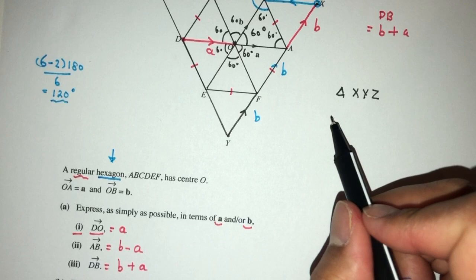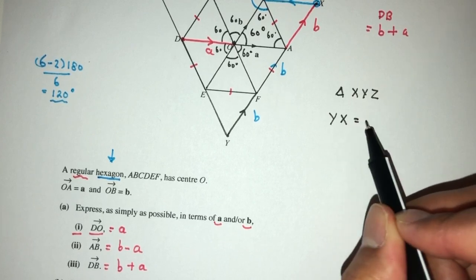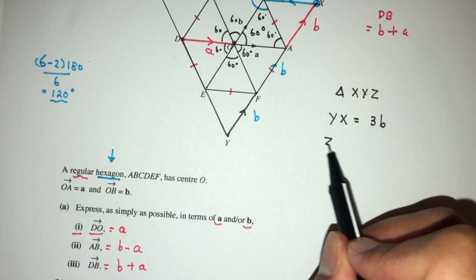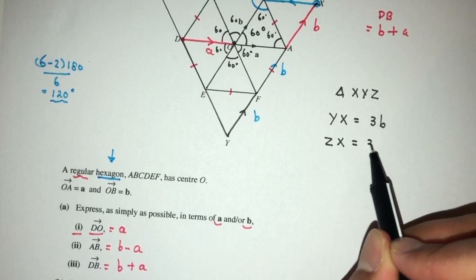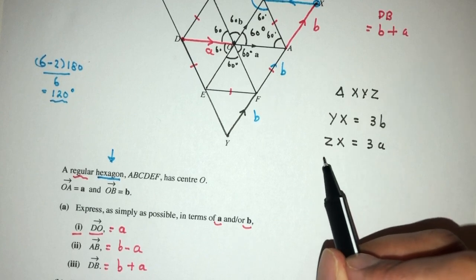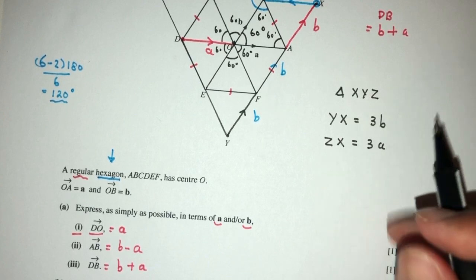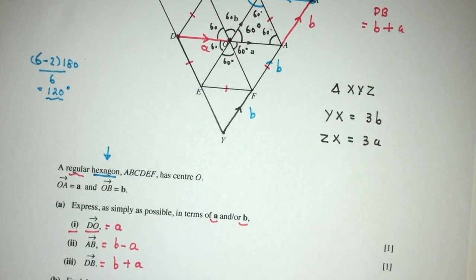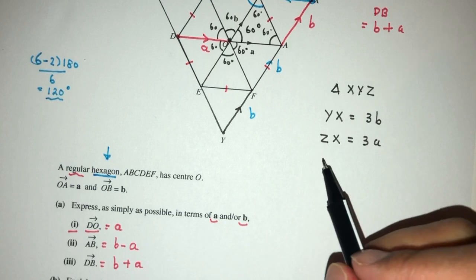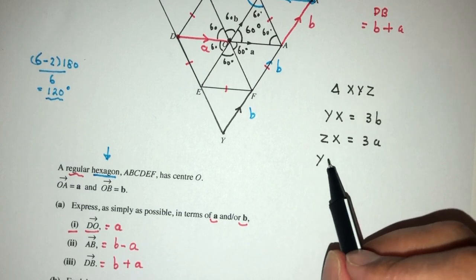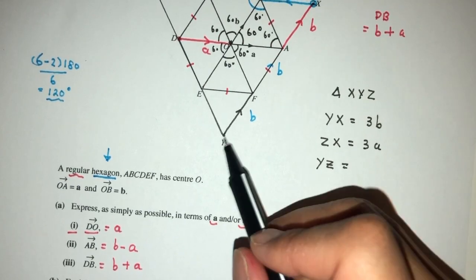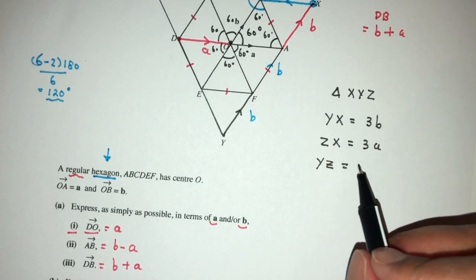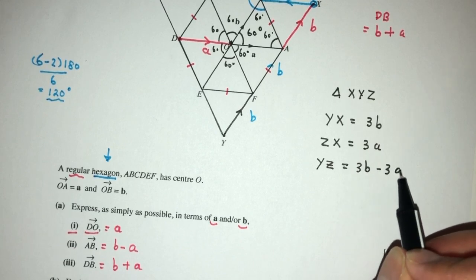The side YX is given to you by 3B. The side ZX is given to you by 3A. And this side, YZ, Y going to Z, has to be 3B minus 3A.